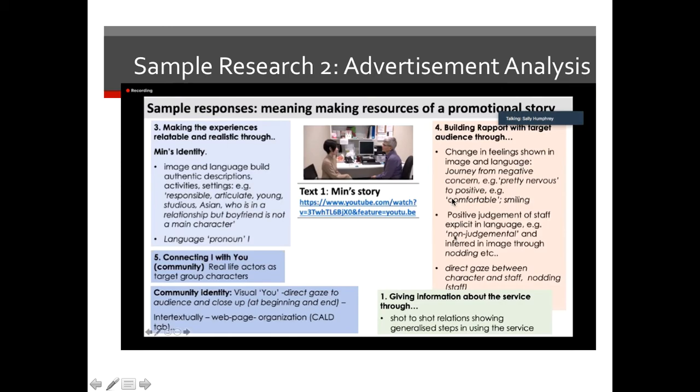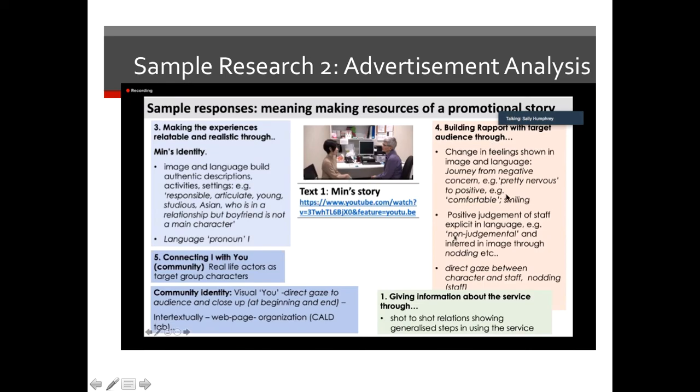Sampel research yang dua bisa berupa advertisement. Misalnya dari cara mereka duduk dengan nonverbal communication. Kemudian how, for example, ya di sini ada giving information about service. Bagaimana cara ini video ya, audio visual, jadi gambar dan suara, kemudian ada teksnya, pasti ada teksnya.